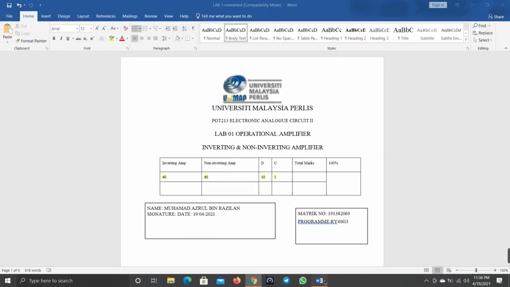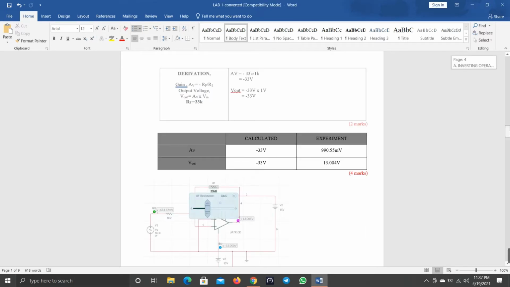So this is my calculation for 4.7 kilo ohm, and here for my 10 kilo ohm, and here for 3.3 kilo ohm.